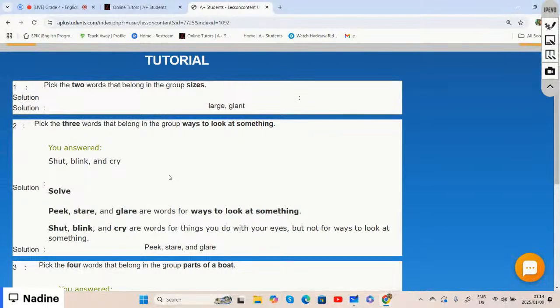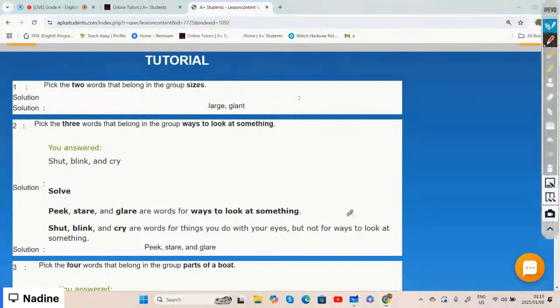So, which means that if we were to give two examples of words that belong in group sizes, then we can say group size is either a large group, giant, can be small, right? These are but a few examples of words that belong in a group in group sizes.